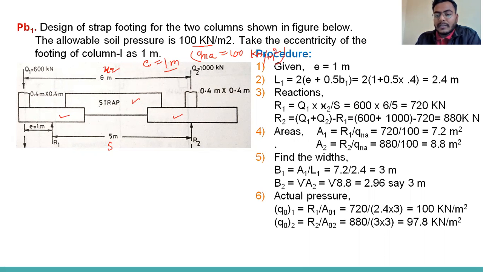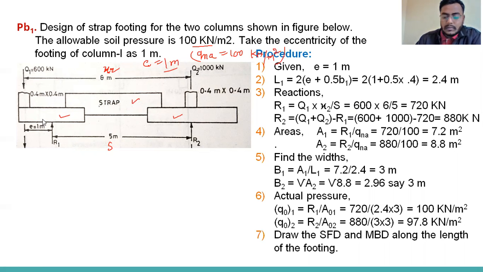Why is it the same? It is the same because we have provided the same area that we got for the first footing. For the second isolated footing, Q02, we get R2, the soil reaction, divided by A02. So we get 97.8 kilonewton per meter square. So these are the two actual pressures.